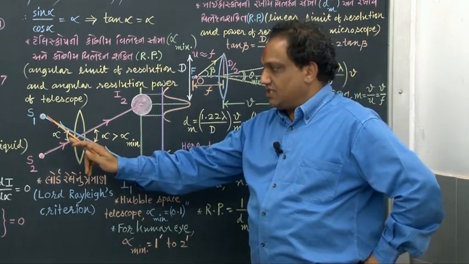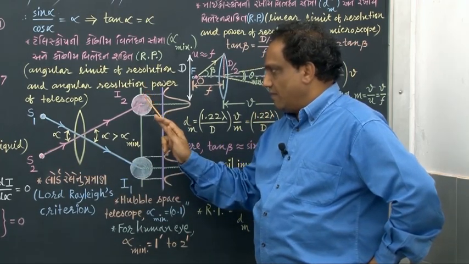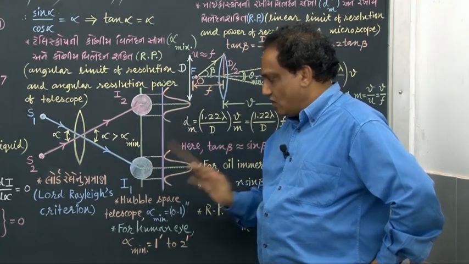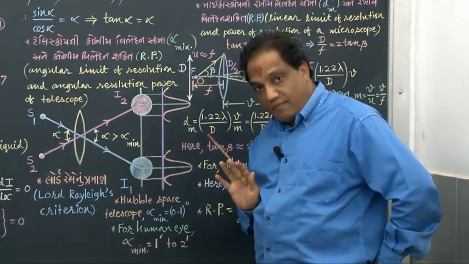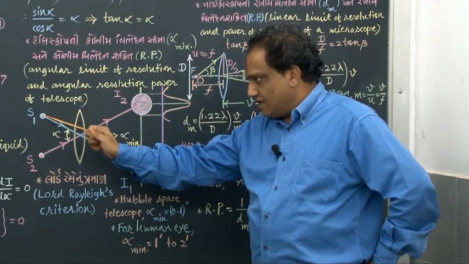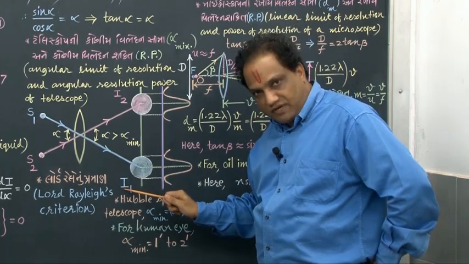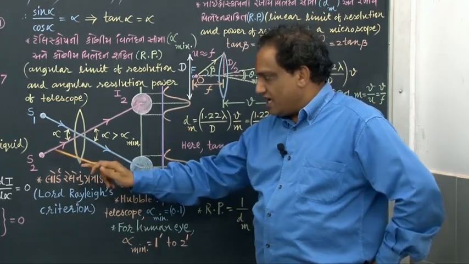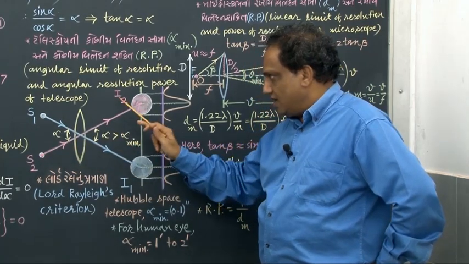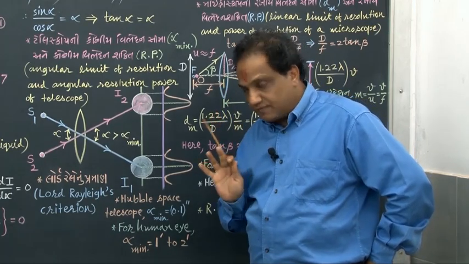We get images of these two point-like objects on the focal plane. This is the focal plane on which you will get the images of these two stars. Image of S1 is obtained here, which I have shown by the symbol I1. Image of S2 I have shown here with the symbol I2. Even the color I have not changed.